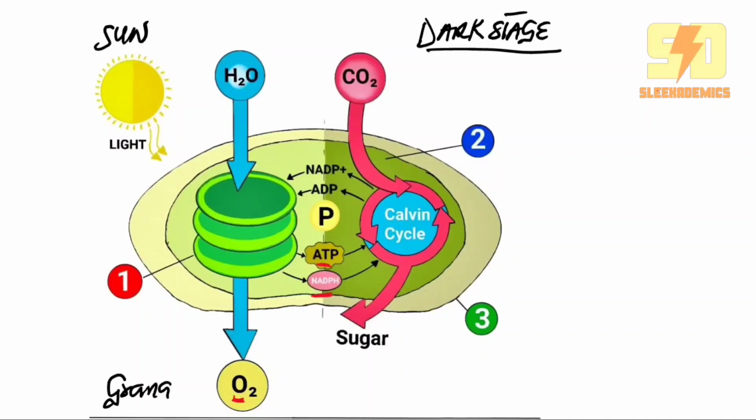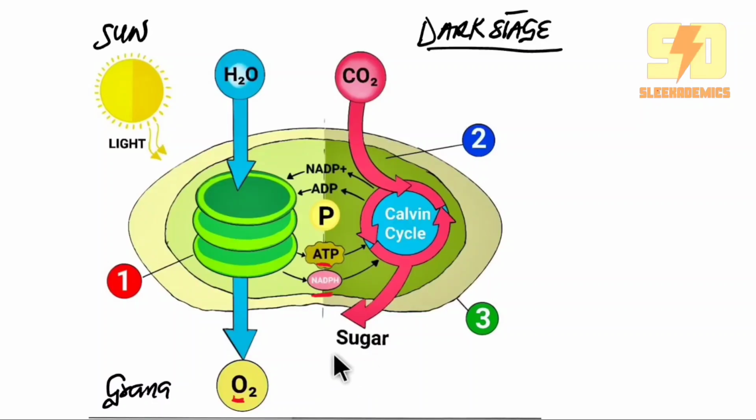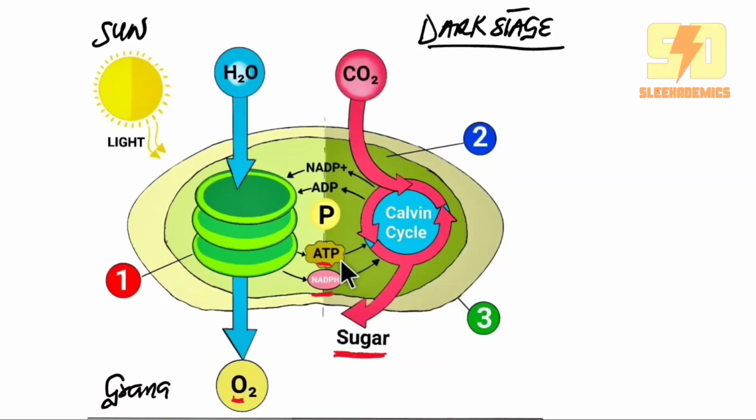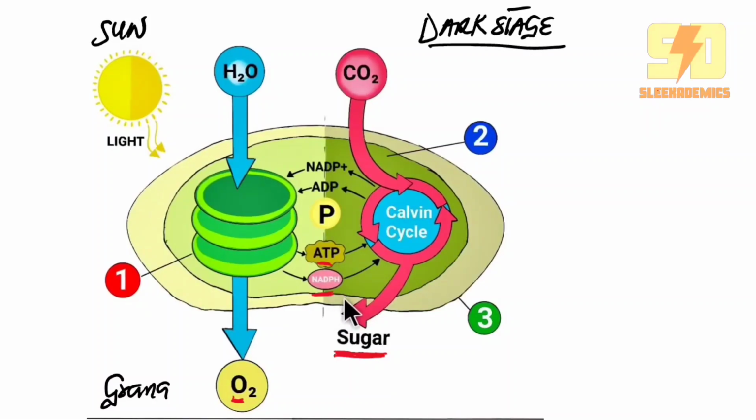At the end of it all, CO2 is now reduced to what? Sugar. So production of food is done in the dark stage. And what is the driving force here? ATP. What is the electron carrier here? NADPH.